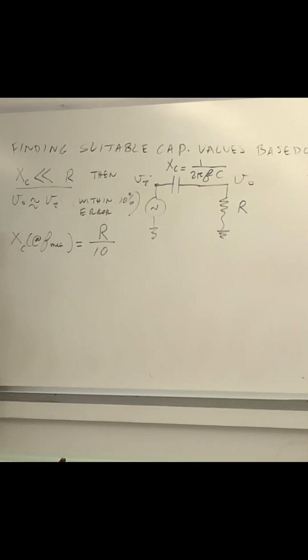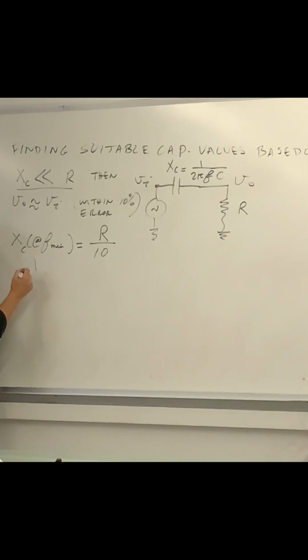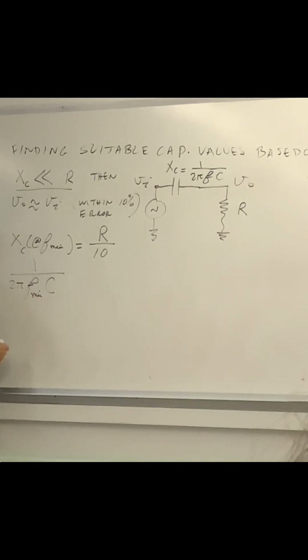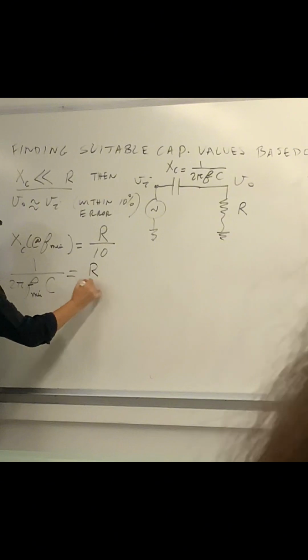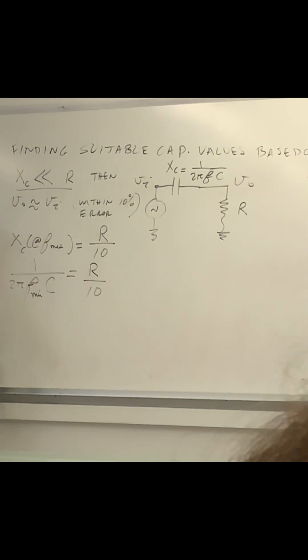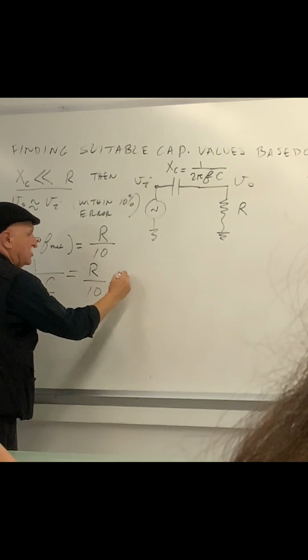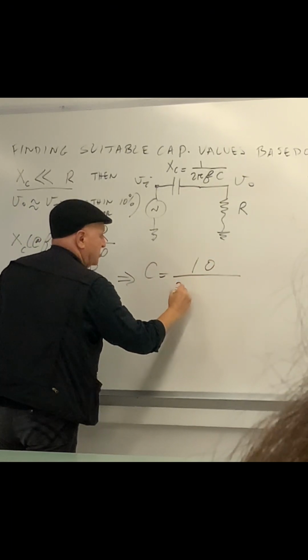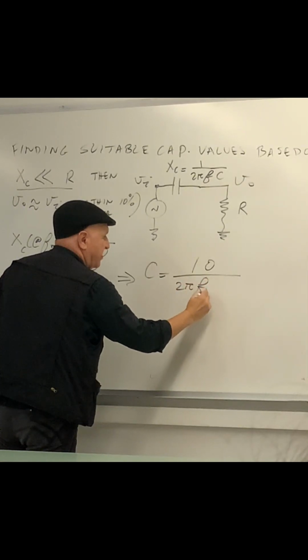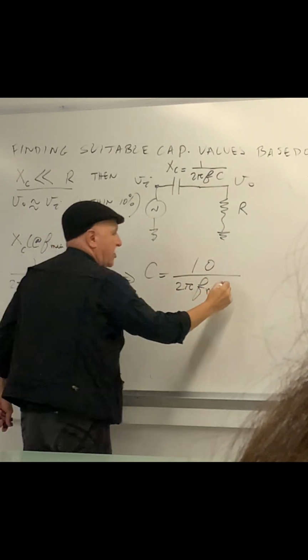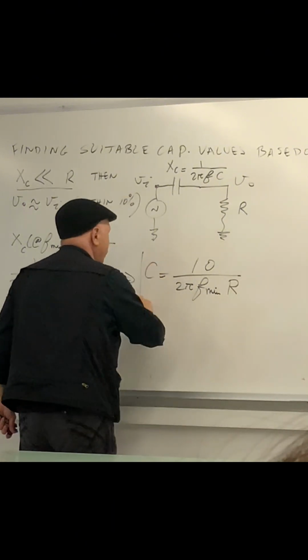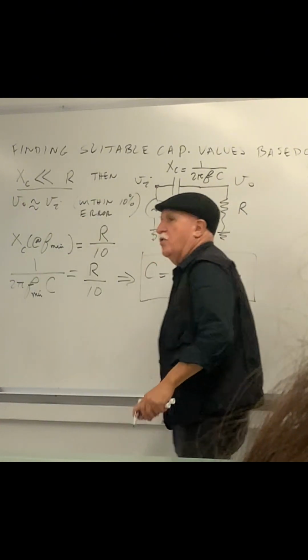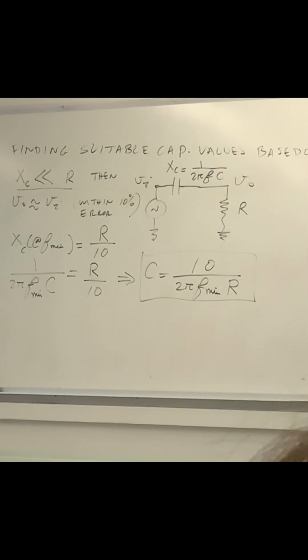So X of C at F minimum is 1 over 2 pi F minimum C equal to R over 10, for any R. Therefore, C is equal to 10 over 2 pi F minimum R. That's it. This will be our criterion for choosing the capacitors.